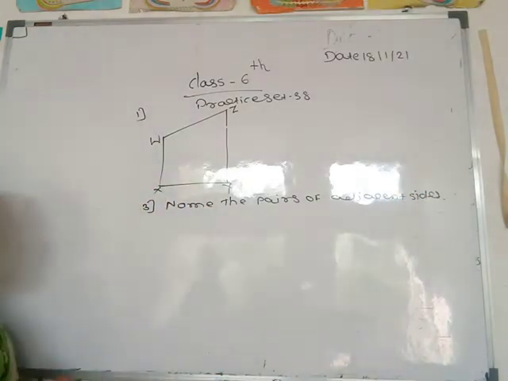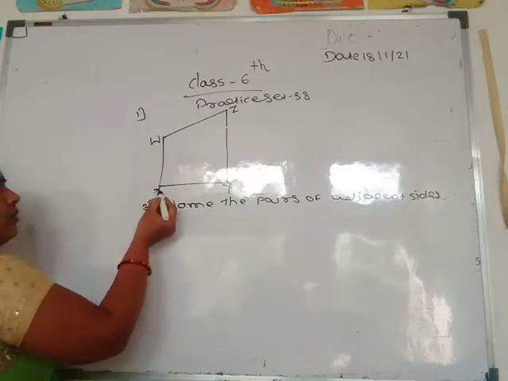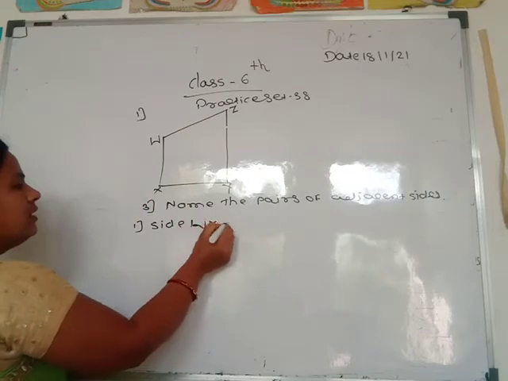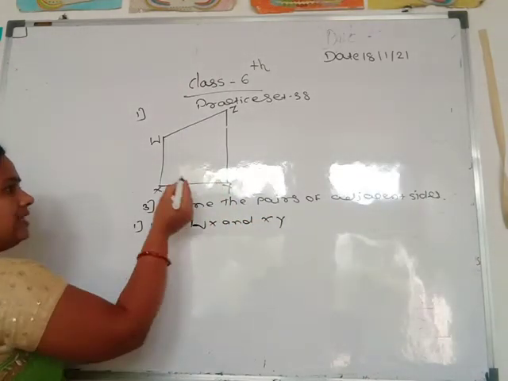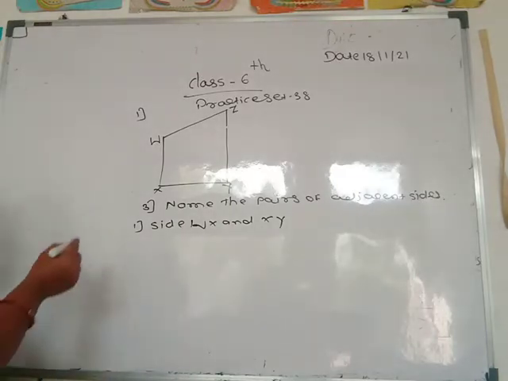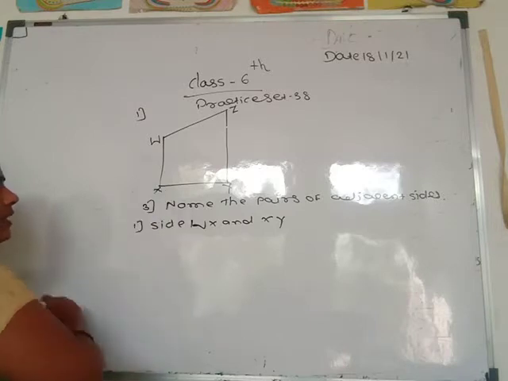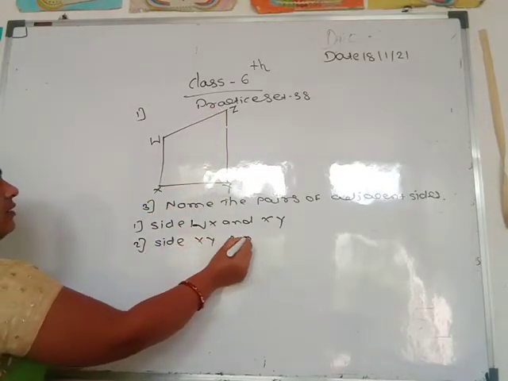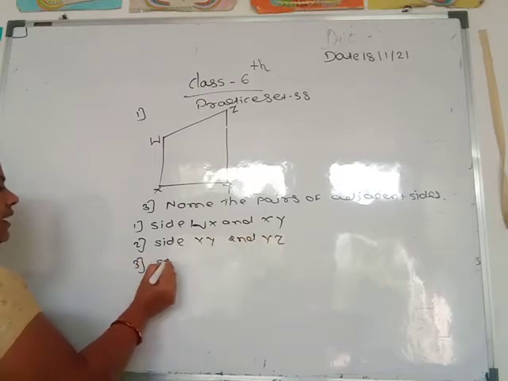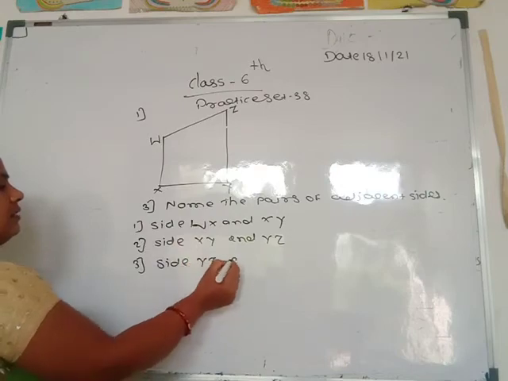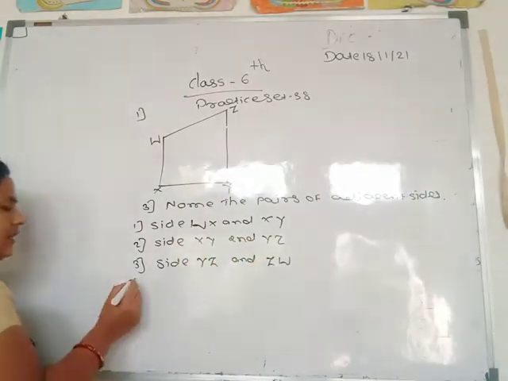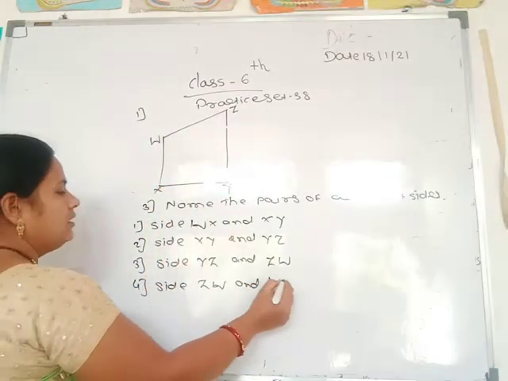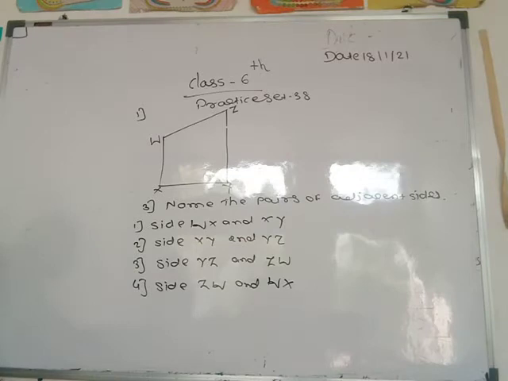Adjacent sides are the sides which have a common vertex. Start from WX. Here are four pairs of adjacent sides. Side WX and XY, where the common vertex is X. Then side XY and YZ. Third, side YZ and ZW. Fourth, side ZW and WX. These are the four pairs of adjacent sides which have a common vertex.